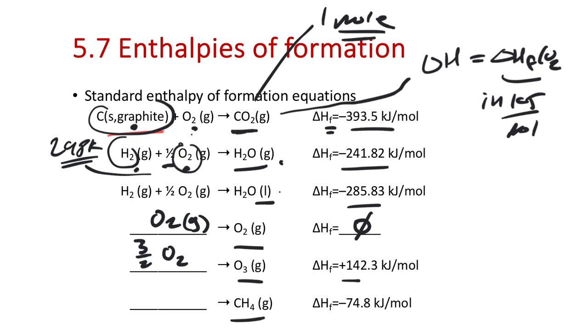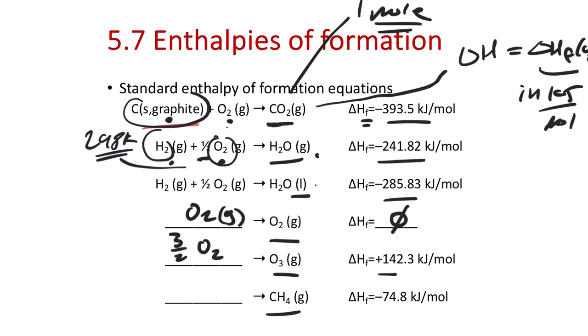If we wanted to write this reaction for methane, how would we write it? Well, it would be carbon in its most stable form, solid graphite, plus 2H2 gas. And it has some negligible value. Now, sometimes the sign of a delta HF makes sense.